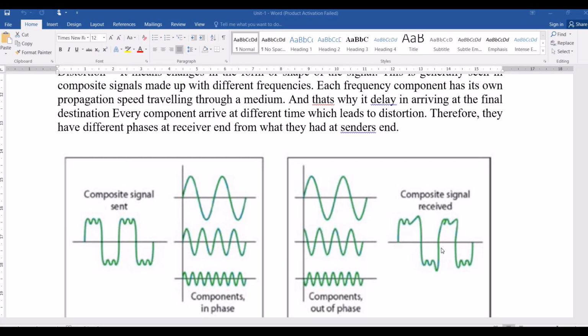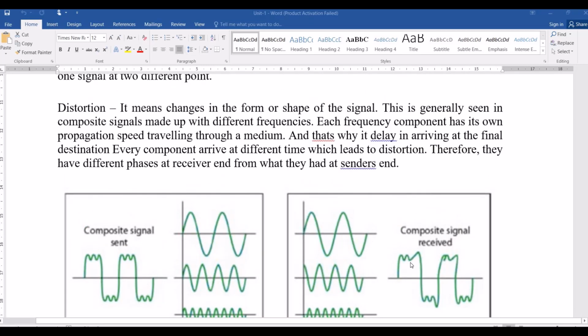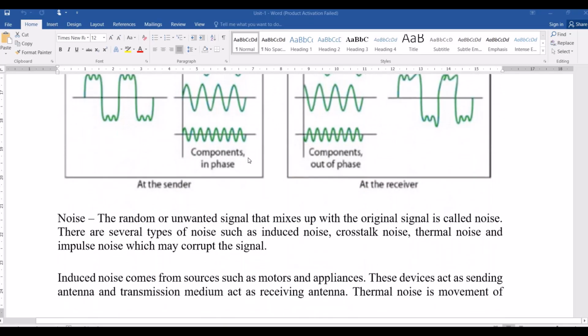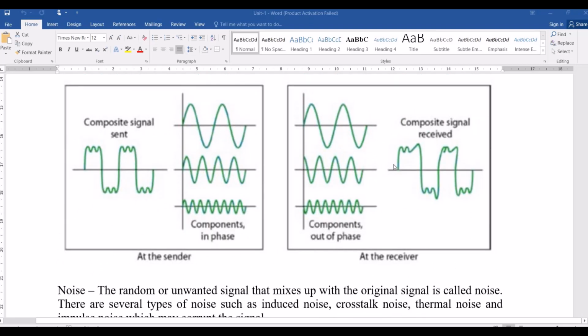So at the receiving end, the component signals received are distorted. It cannot receive the original signal. So this is one of the transmission impairments. This is called distortion. It changes the formation, its form.